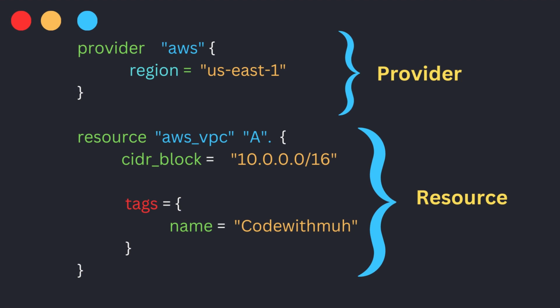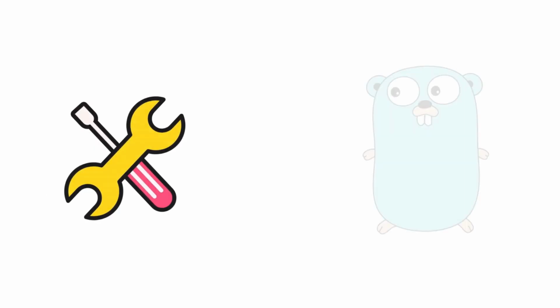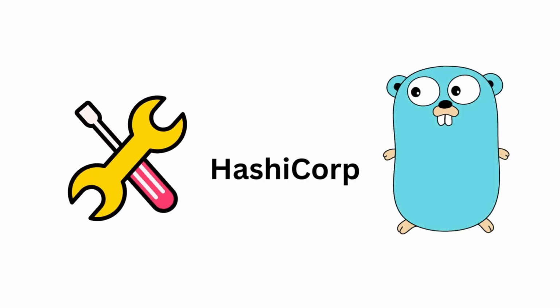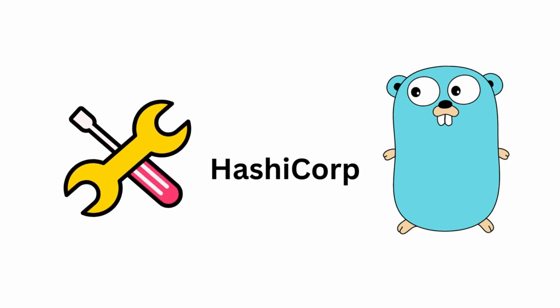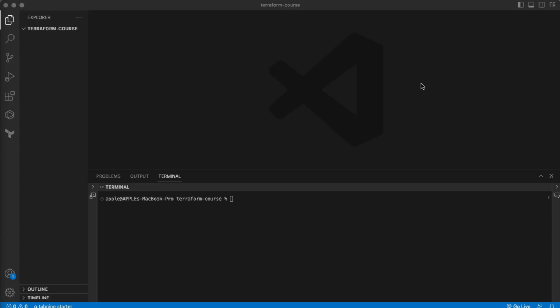Terraform uses configuration files to define the desired state of your infrastructure. These configuration files are written in the HashiCorp Configuration Language, or JSON. In this video, we will use HCL to write our configuration files. For this, you just have to open your text editor, or you can open Visual Studio Code.